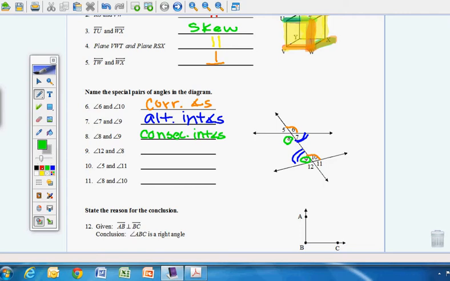Okay, and 12, let's see, where's 12? Here's 12 and 8. Now 12 and 8 are on both sides of the transversal, and it's underneath this line and underneath this line. So these angles are corresponding angles.